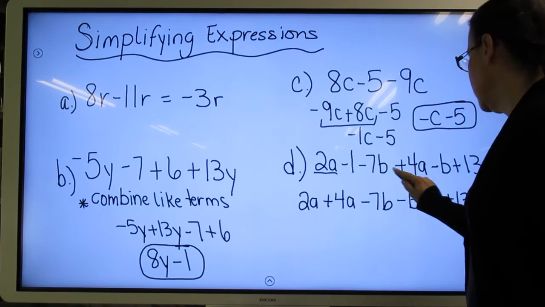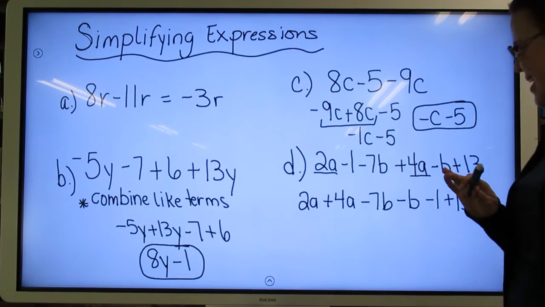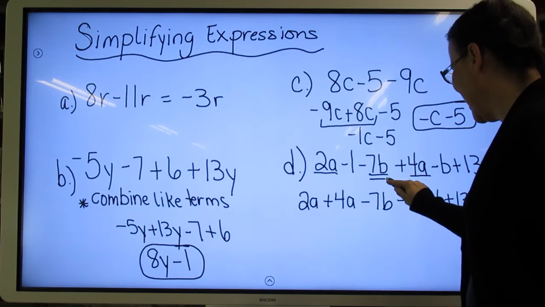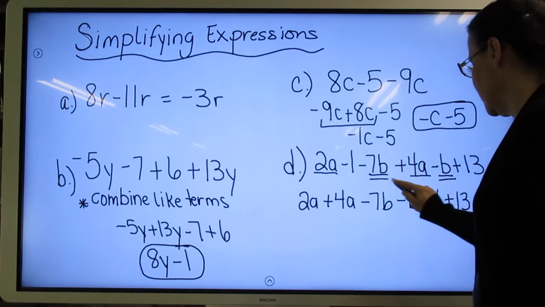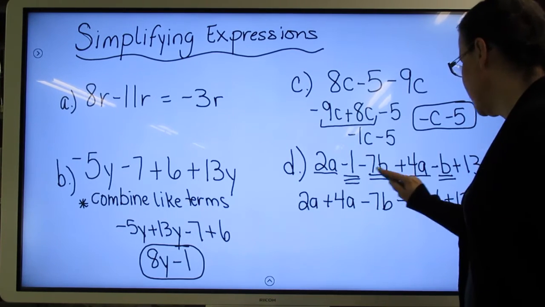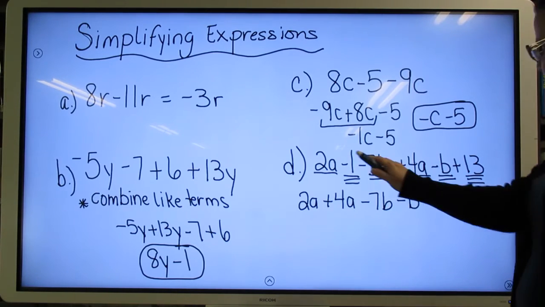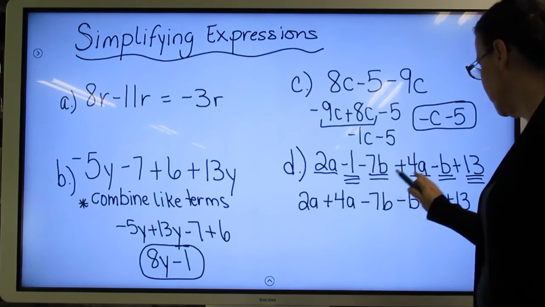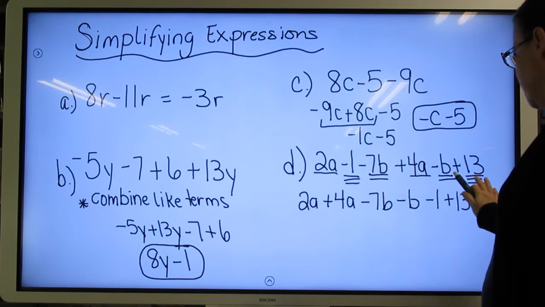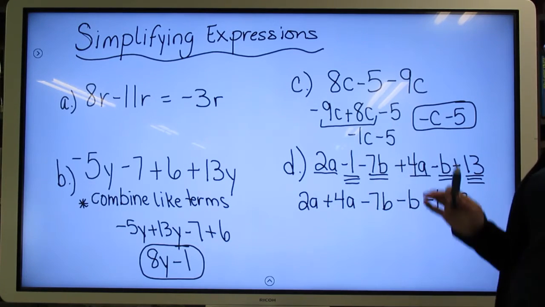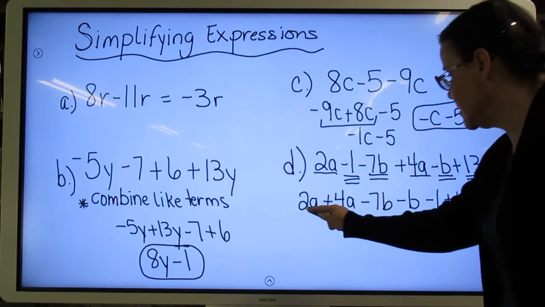I usually signify them by underlining the ones that go together. You do it however you need to, but that's how I do it. So those single lines are the a's, the double lines are the b's, and the triple lines are just the regular numbers. And now you can combine like terms.